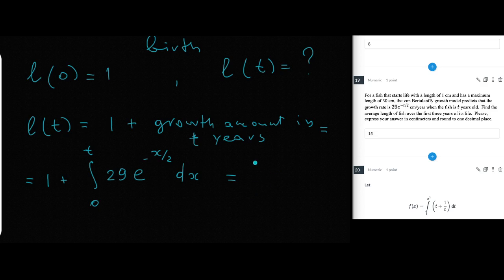Now let's calculate what that gives us. In order to calculate the integral, we're going to make a substitution. Namely, u is going to be negative x over 2. If we calculate the differential of u, we're going to get negative 1/2 dx. Solving this for dx, we find that dx equals negative 2 du.